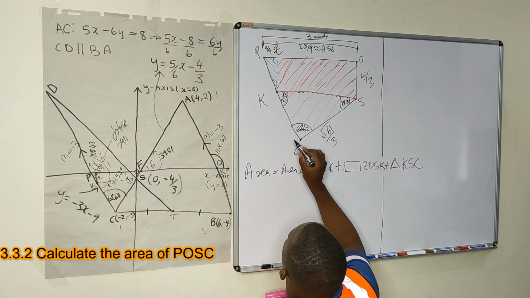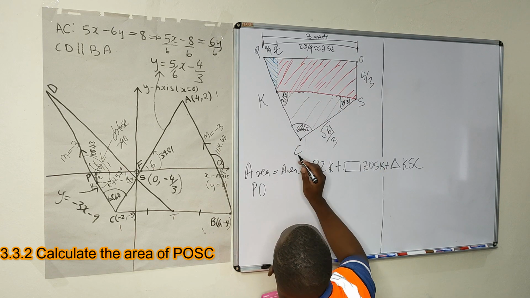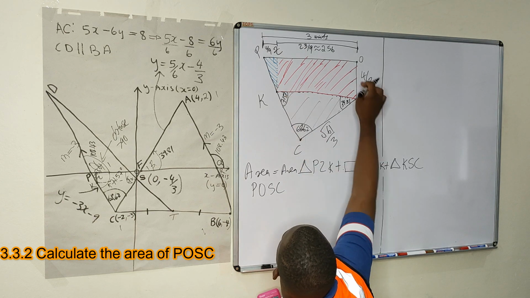So this is your area for POSC. So this is your area for your entire thing.